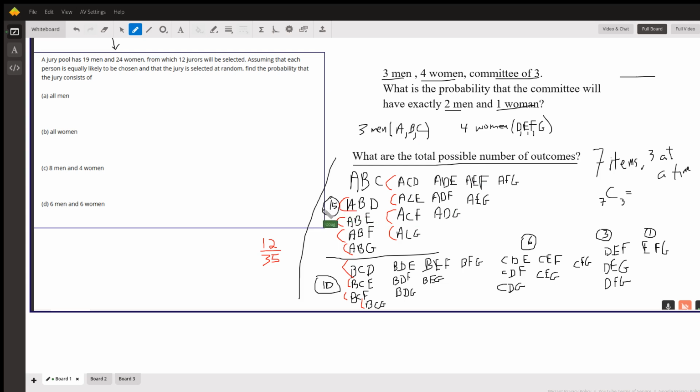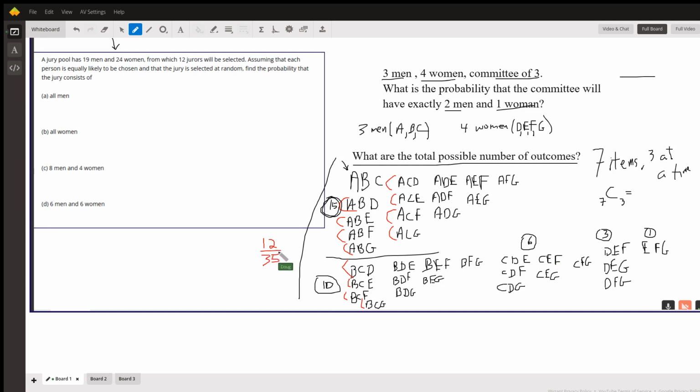And so there's 15 of those where we start with the letter A. If we then go to the committees that start with the letter B, we've got 10 of them. And for the letter C, we've got 6 of them. For the letter D, we've got 3 of them. And for the letter E, we only have 1 of those. And if you add all those numbers together, you get 35.